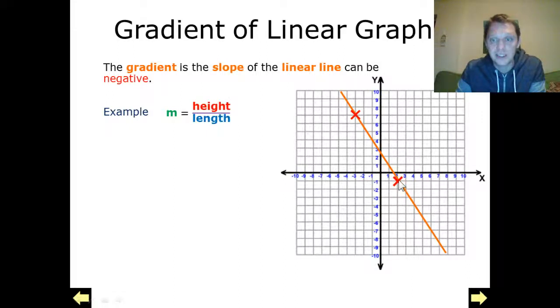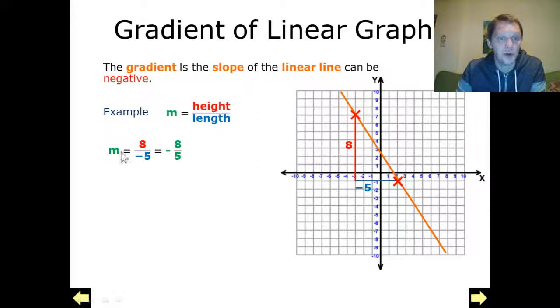So I've picked this coordinate here on the line, and this coordinate here on the line. So this time I'm counting to the left. If I was counting to the right, just like our numbers, I'm going positively. If I'm counting to the left, I'm counting negatively. So I've got -1, -2, -3, -4, -5, and then the height goes up by 8.